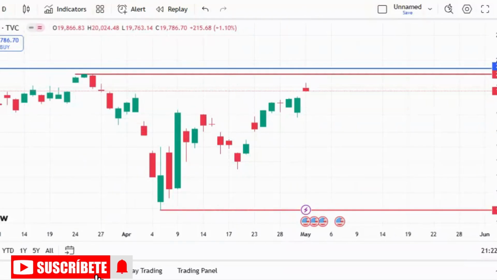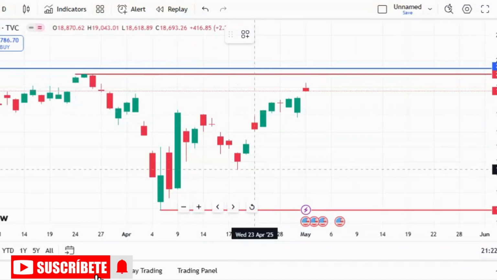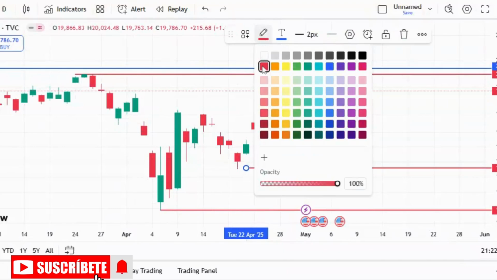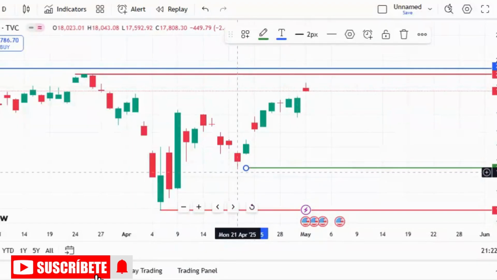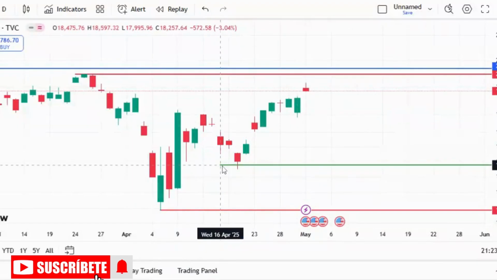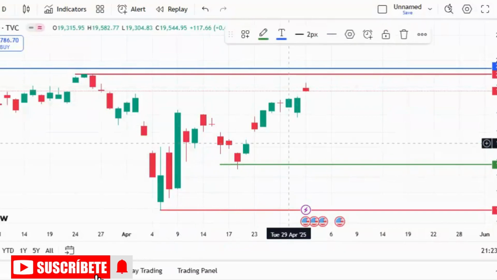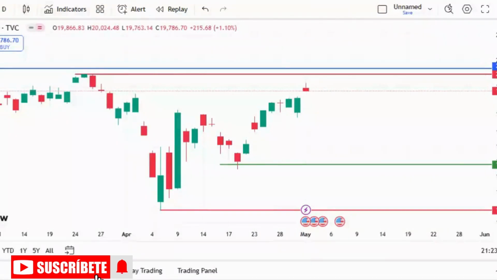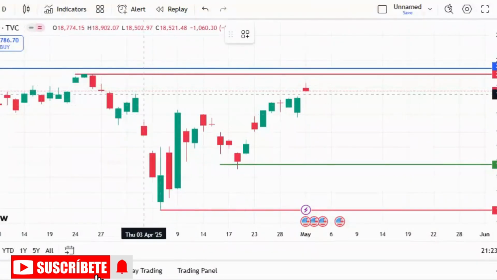Now again we're going to change this color. The reason why I'm changing this color is because I want you to understand what you're doing, and I want myself to understand what I'm doing. I don't want to confuse myself. So when price comes into this area, I want to understand what price is really trying to do, so I can understand how to navigate through it.